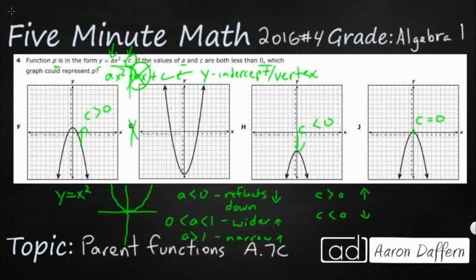We're just going to play with numbers a little bit. Both a and c need to be less than 0, so let's say y equals negative 2x squared minus 2. Let's make a and c both equal negative 2. Let's graph it and see if we can get something similar to h.